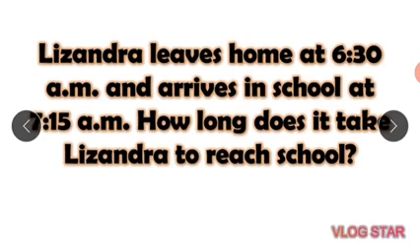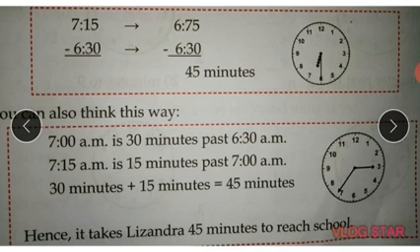The third problem: Lisandra leaves home at 6:30 a.m. and arrives at school at 7:15 a.m. How long does it take Lisandra to reach the school? So simply subtract 6:30 from 7:15 a.m. I will show you how to subtract.